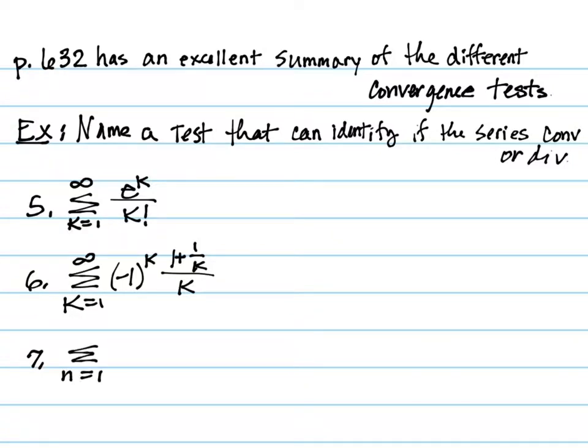Summation from n equals 1 to infinity of n to the negative 4/5, and the summation from n equals 1 to infinity of n squared e to the negative n cubed.